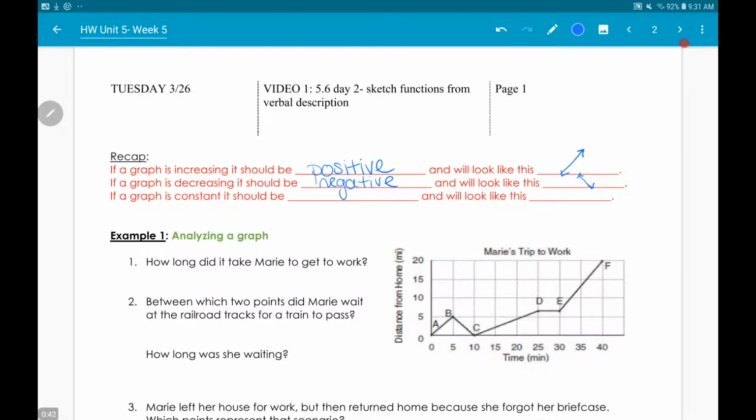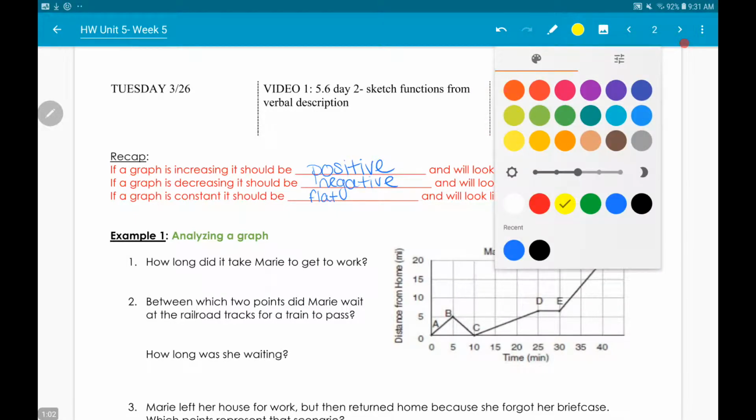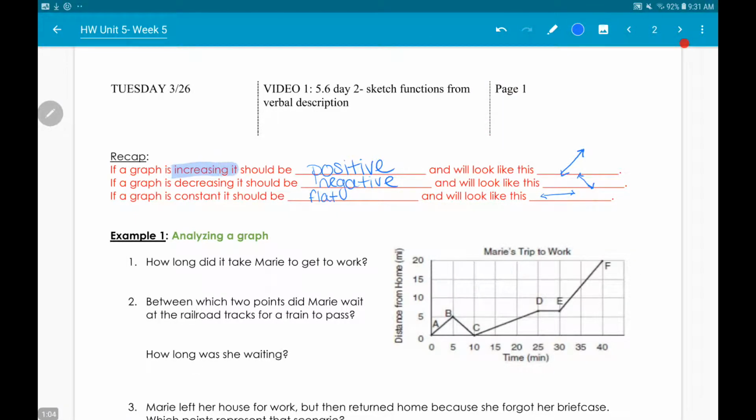Remember, it's going down. If a graph is constant, it should be flat, and it will look like this. Those are the three descriptions that we talked about: increasing, decreasing, and constant.